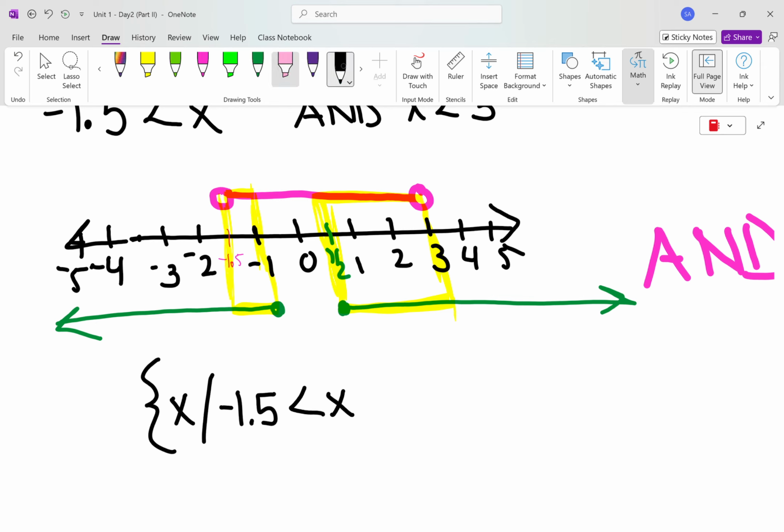So or, and then positive a half is less than or equal to x, which is less than 3. So the two graphs overlap in this inequality, but they also overlap in this inequality.